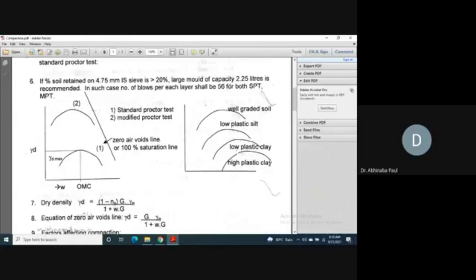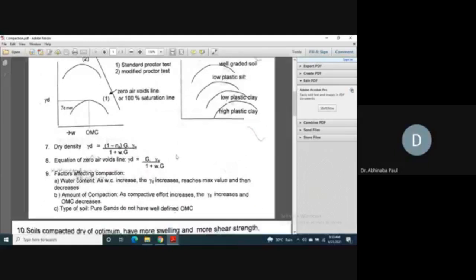However, if we go from clay to silt, then sand, then finally to gravel, although gravel is not mentioned, that means from lower particle size to higher particle size, we can see a shifting of the curves, resulting in a reduced OMC and increased MDD. So these are the formulas for dry density in terms of percentage air voids, by which we can calculate the zero air void line and the 100% saturation line.